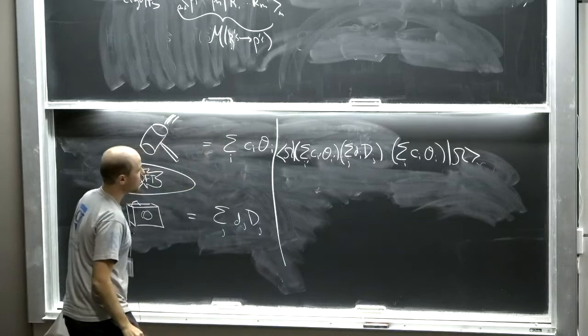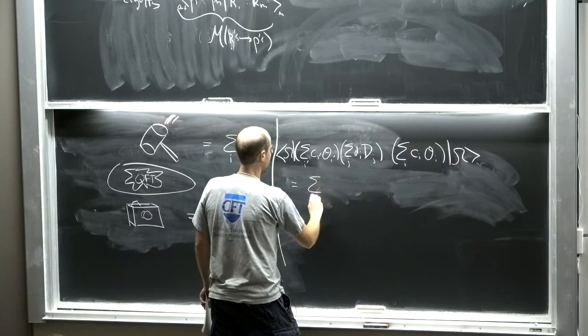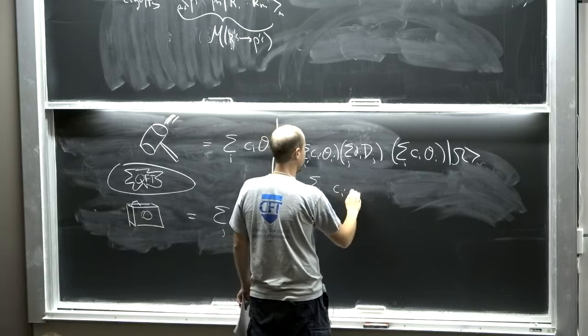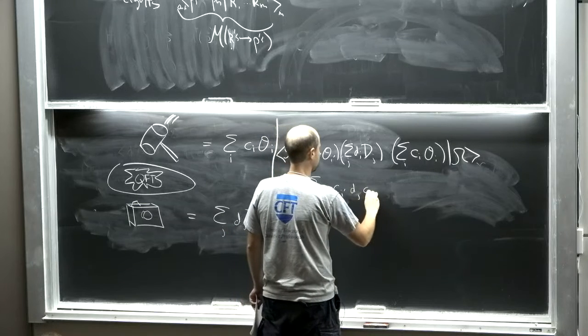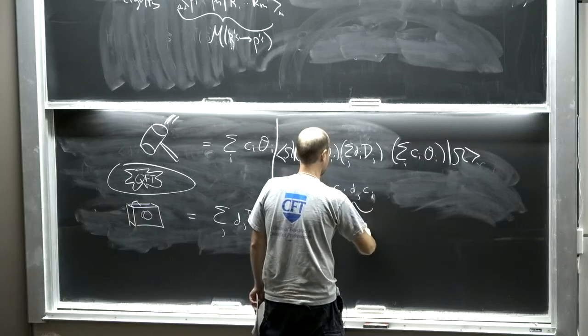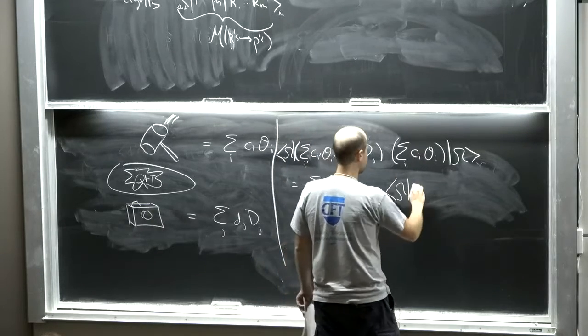You should write it like this, and then expand everything out, and you get a sum over I prime, I, and J of these coefficients which depend on the experiment.